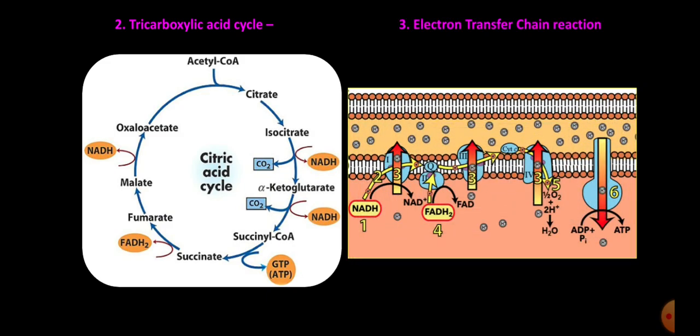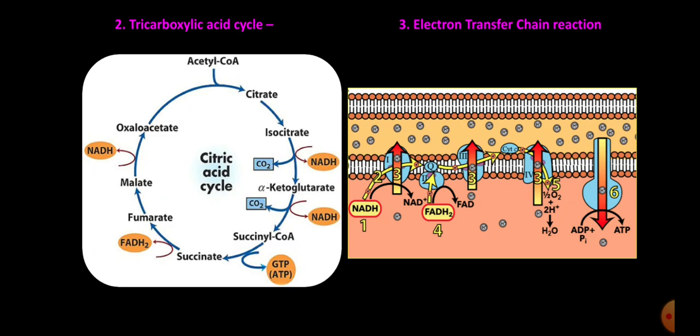The third one is electron transfer chain reaction. So, now in electron transfer chain reaction, or it is also called ETC reaction, this also takes place inside the mitochondria. Now here the molecules of NADH2 and FADH2, these two are formed and they participate in these electron transfer chain reactions.